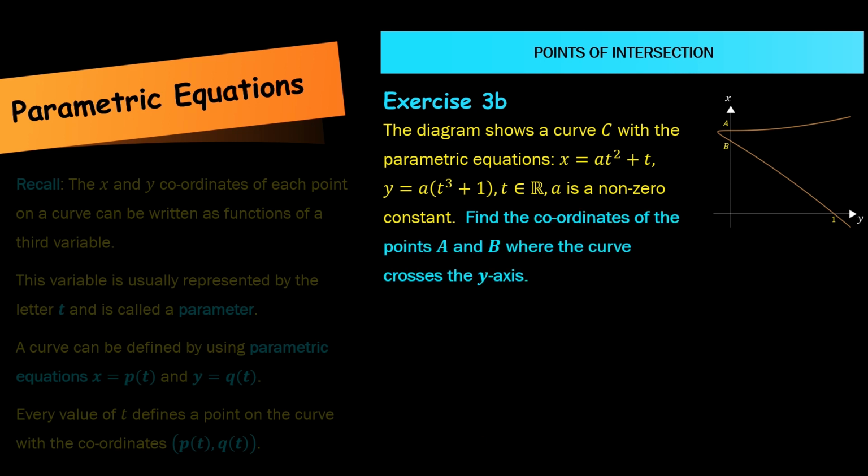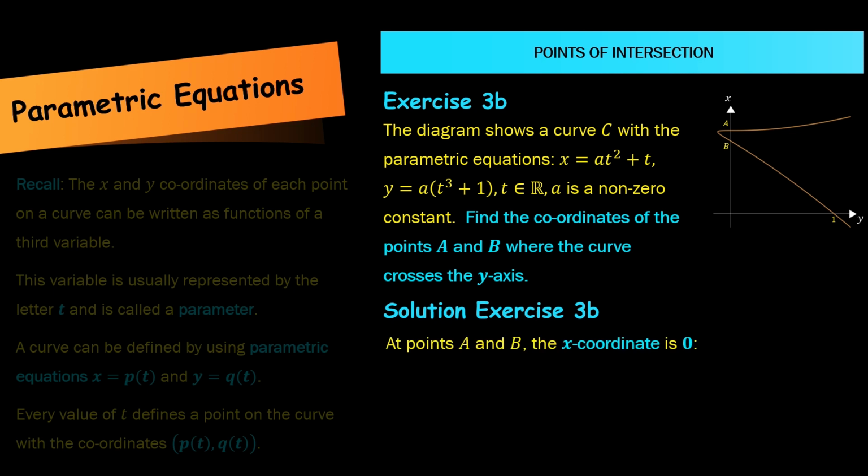And now for part B. We are required to find the coordinates of the points A and B where the curve crosses the y-axis. So let's solve this. At points A and B, the x-coordinate is 0.